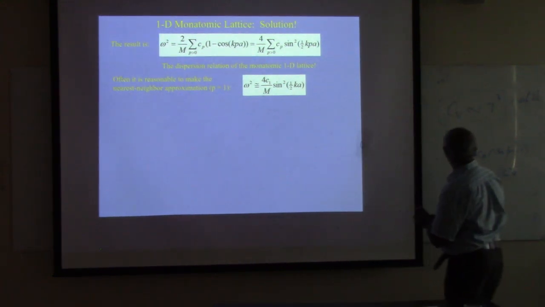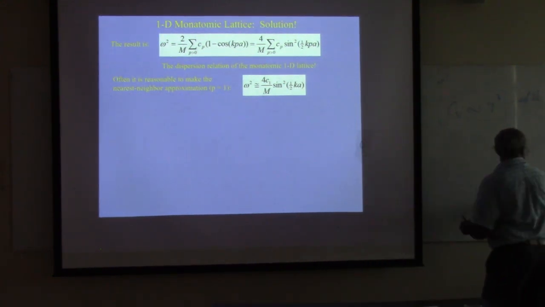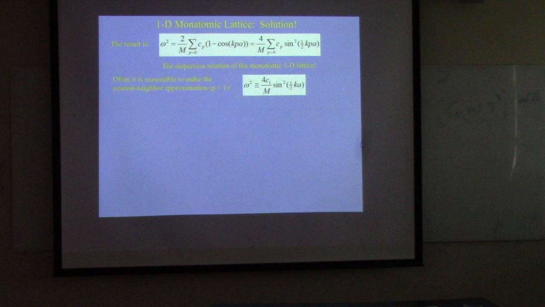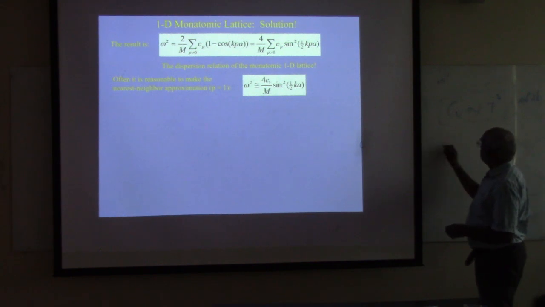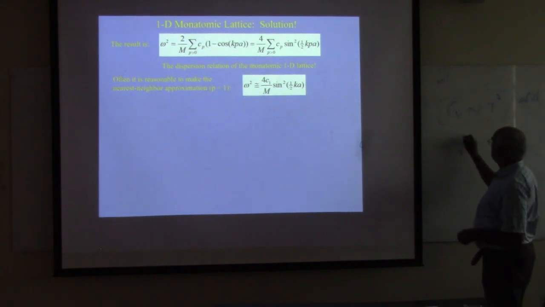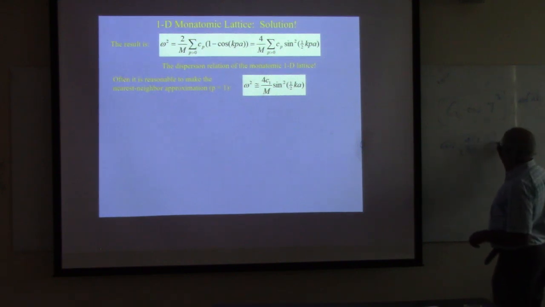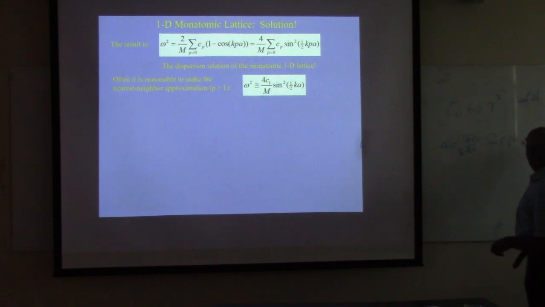That means omega is the square root of 4C1 over m, times sine of half Ka, right?